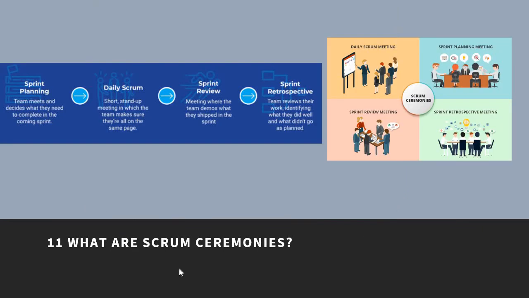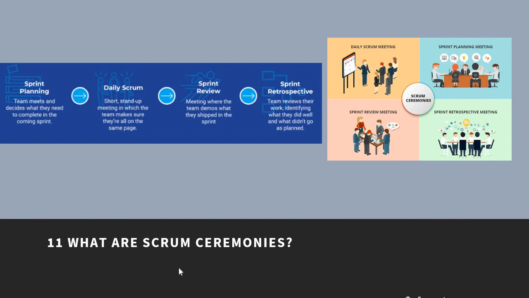What are Scrum ceremonies? There are 4 Scrum ceremonies. One is sprint planning. The team meets and decides what they need to complete in the coming sprint. Daily Scrum is the short stand-up meeting in which the team makes sure they are all on the same page.